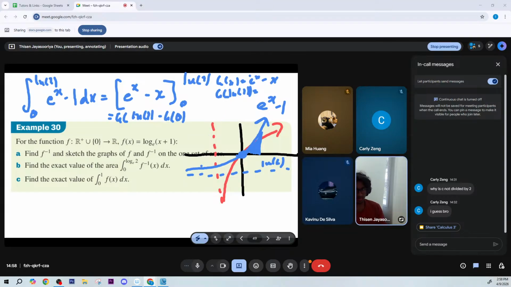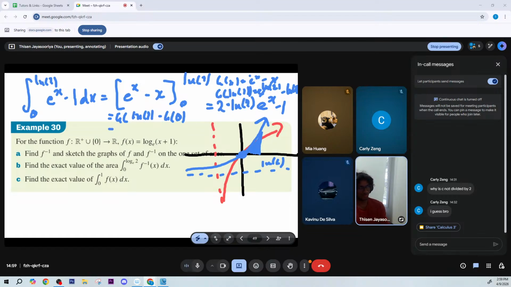I'll ask Kavinu this. I don't know. So it's e to the power of ln of 2 take ln of 2. This e and this ln can cancel out, and here we find that it's just equal to 2 take ln of 2.